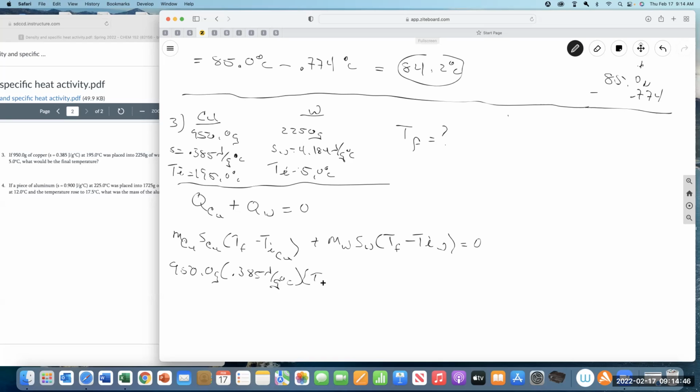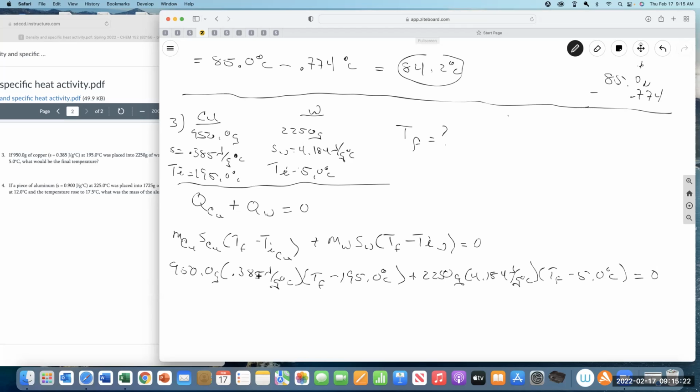Wait, how do we know that equals 0? That's the law of conservation of energy. The sum of the heat changes equals 0. Okay. Mass of the water. What a mess.